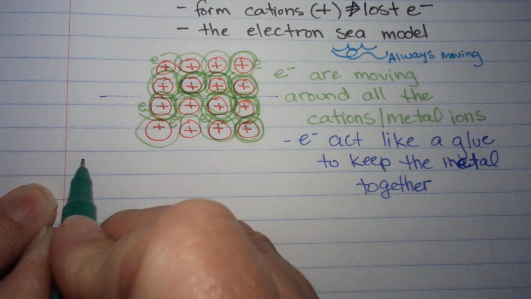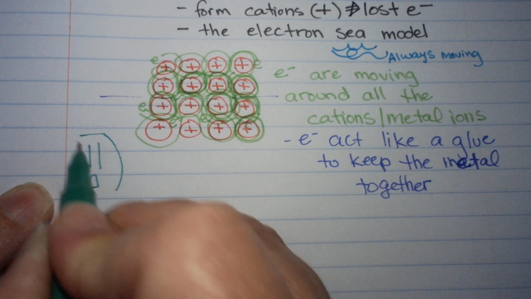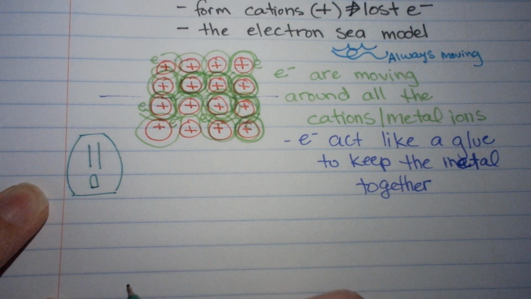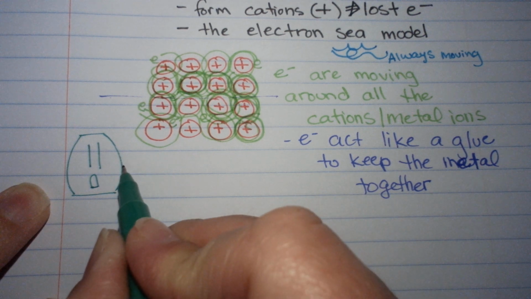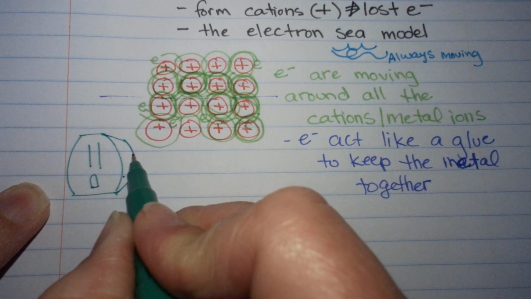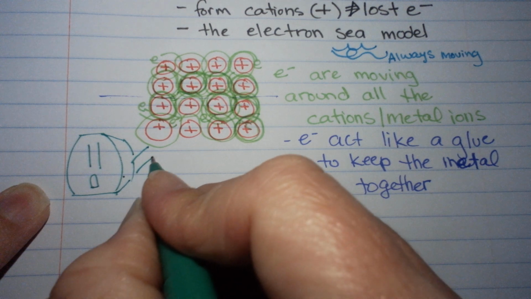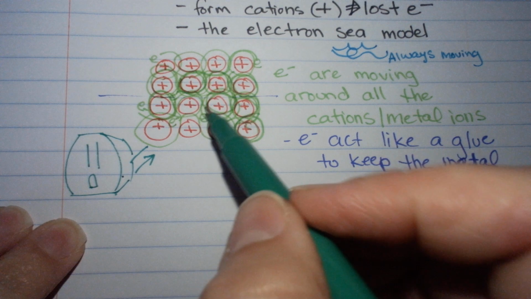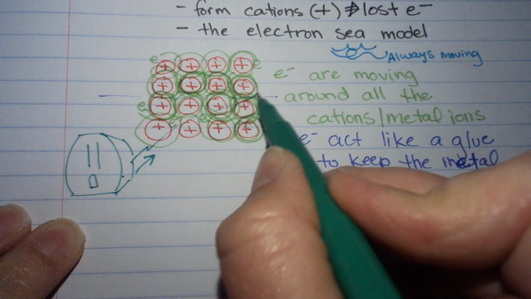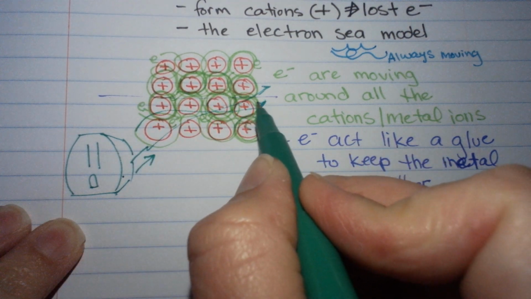If I have an electrical outlet, this is a very silly looking electrical outlet, and I have a wire coming from that electrical outlet into the metal, that causes a flow. So then, just like a herd of electrons, all of the electrons start going the same direction.